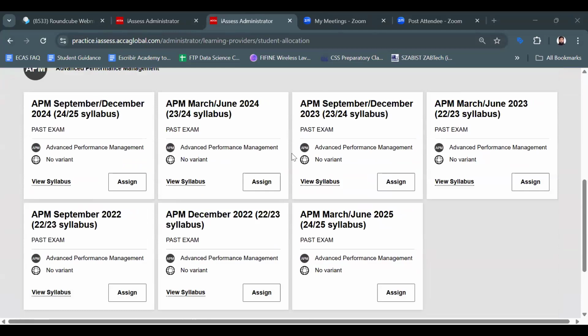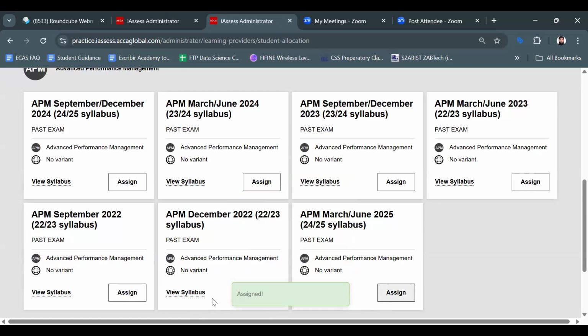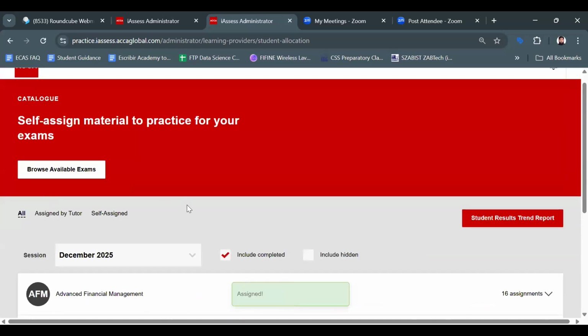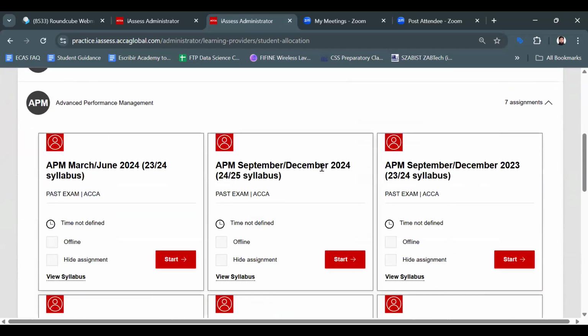So what you could possibly do is assign these papers to yourself. When you assign these papers to yourself, you would click on view assignments. These papers would be available under the assignment section for you.